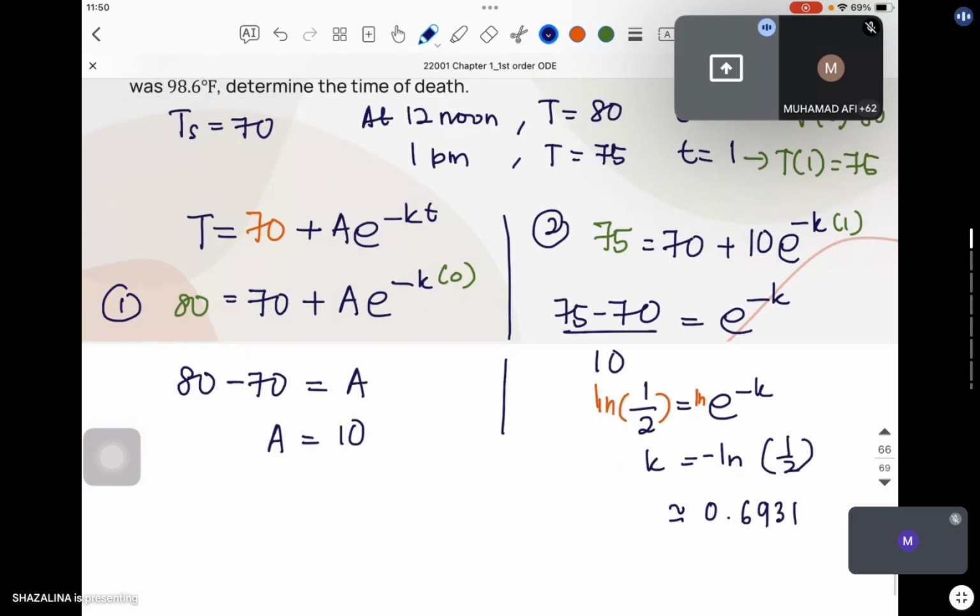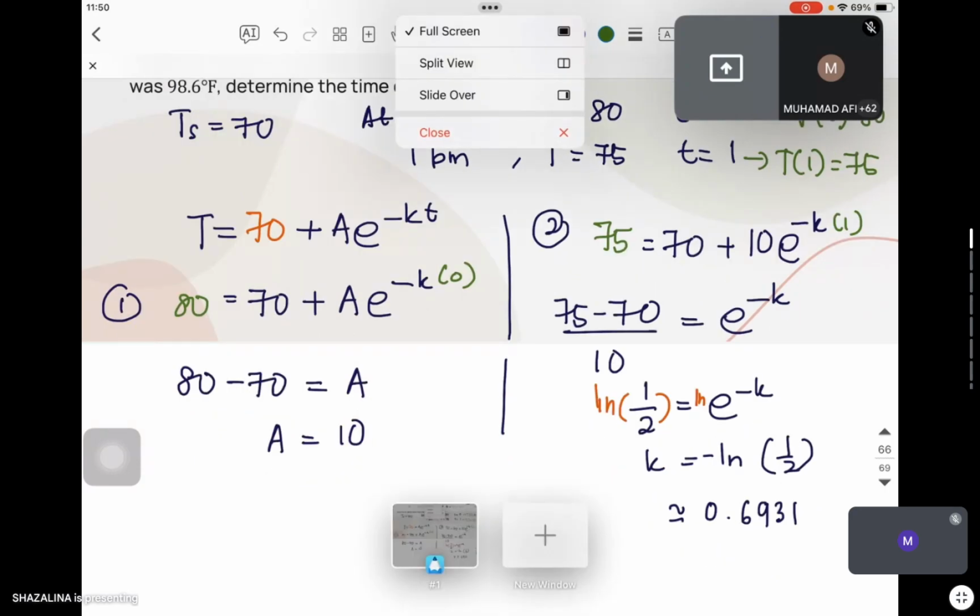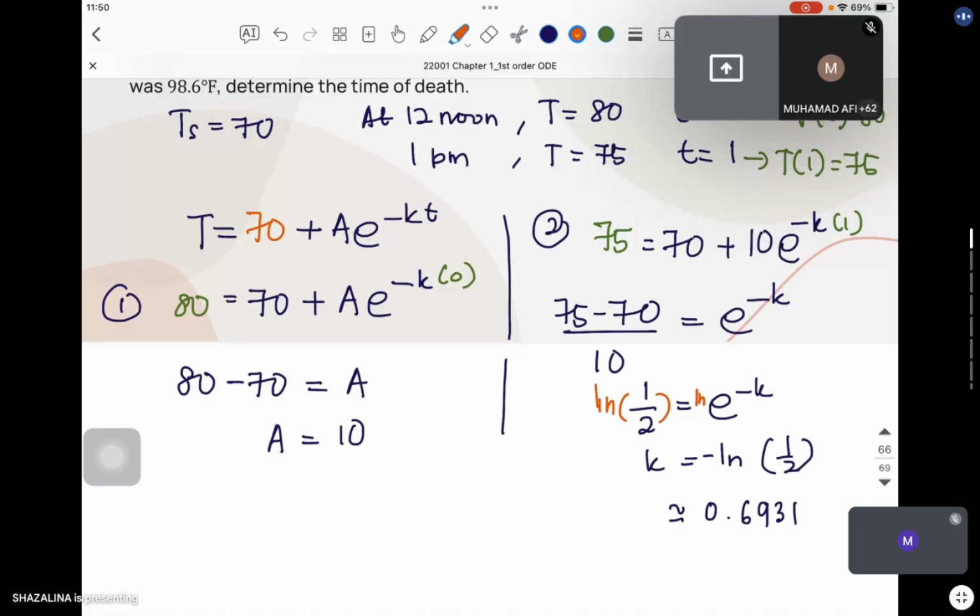So awak dah ada A and k, also Ts just now. So equation dia akan jadi T = 70 + 10 e^(-0.6931t). Yang ni yang kita akan guna.